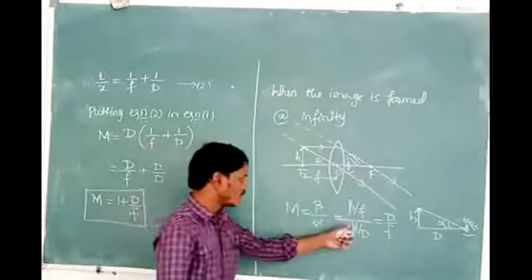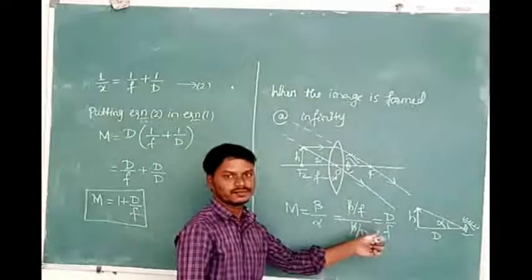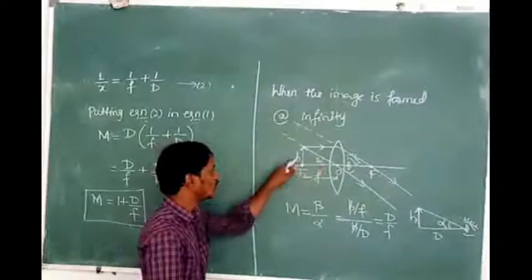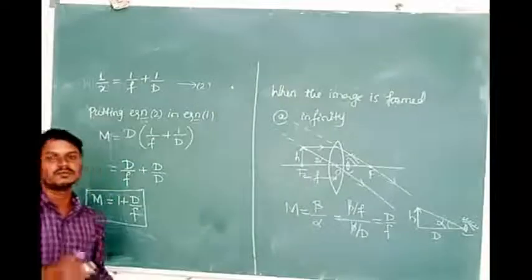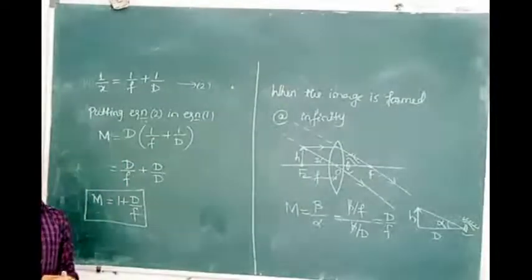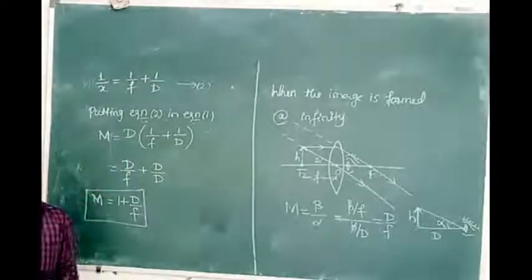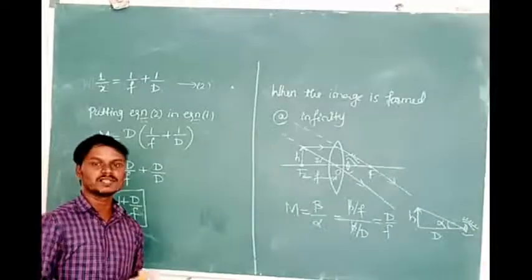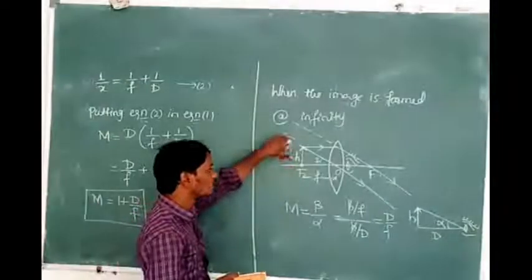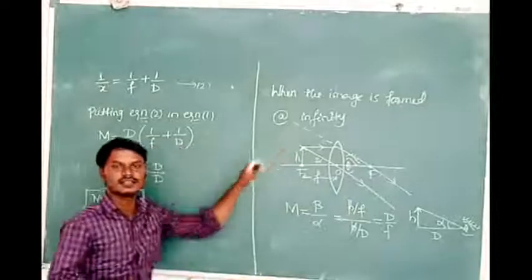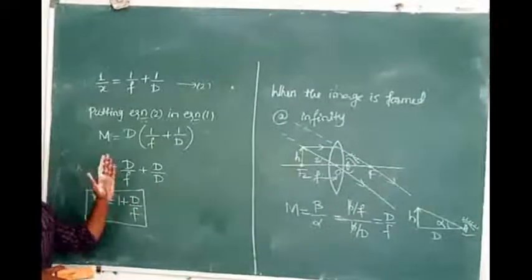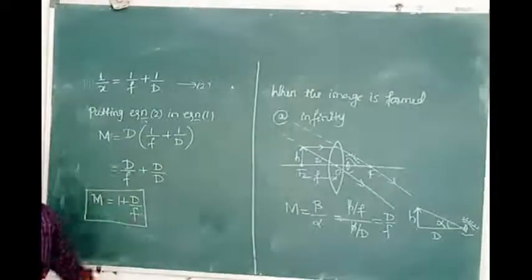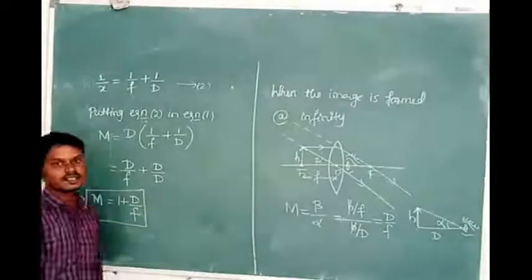Now it is h by d and it is h by f. By using this, we are going to derive the expression for magnification produced by simple microscope when image is formed at infinity. When the image is formed at infinity, the object is at principal focus, and when the image is formed at near point, the object is in between the principal focus and optical center. These two cases are important here.